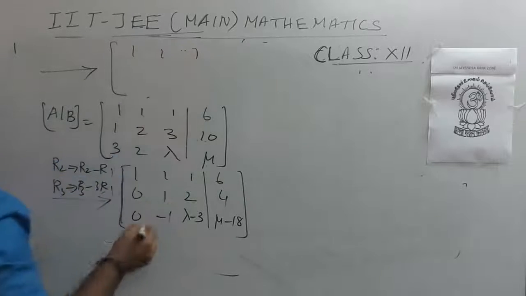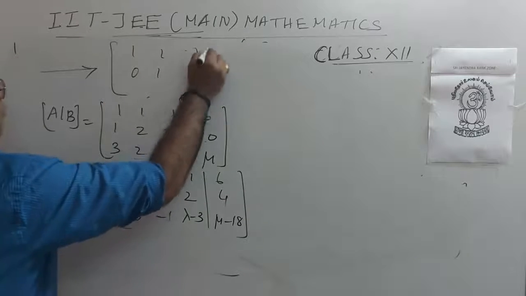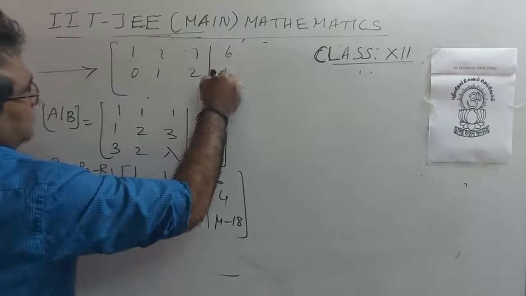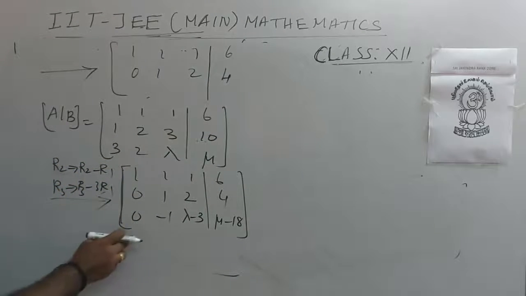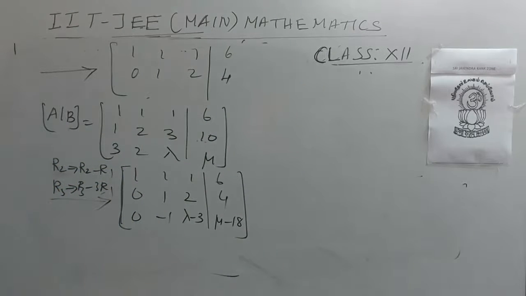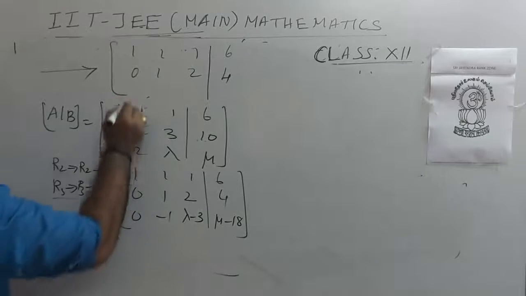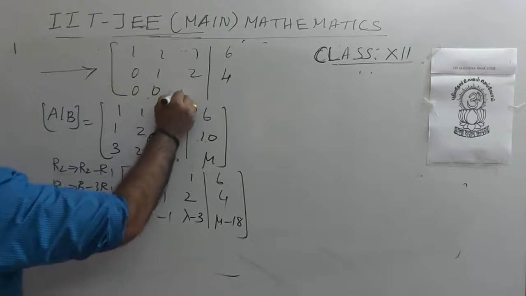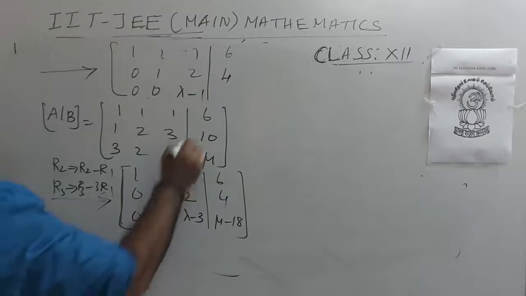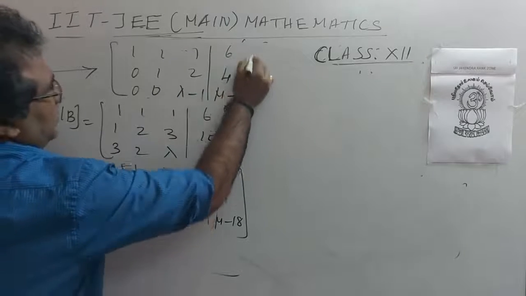1, 1, 1, 6; 0, 1, 2, 4. Adding these two, 0, 0, lambda minus 1, mu minus 14.